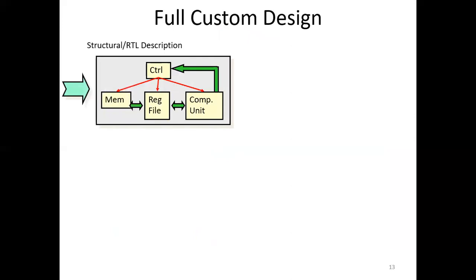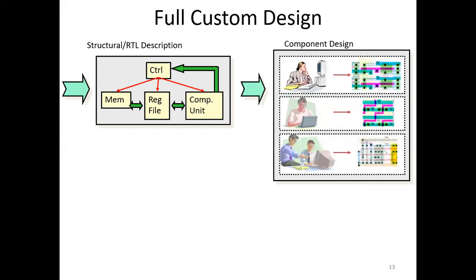So what process do we follow to make a full custom device? This is the full custom design cycle, or design flow, basically we call it design flow. So how do we make this design? First we do the structural or RTL description. Then we make the component design through the CAD tools.